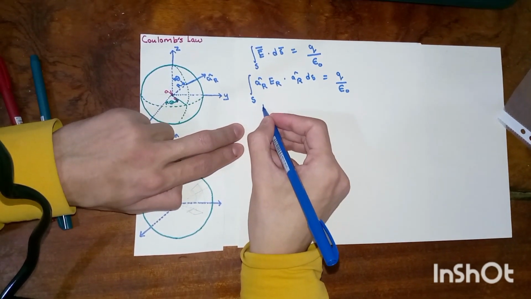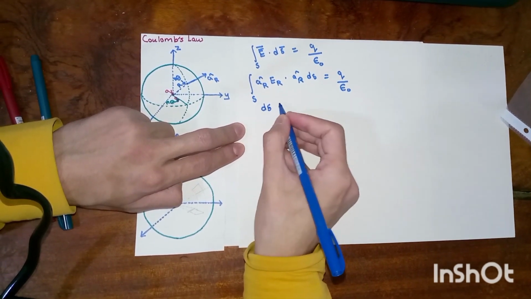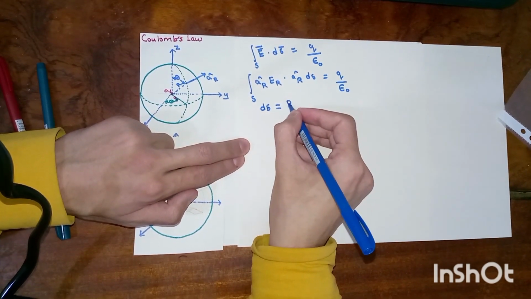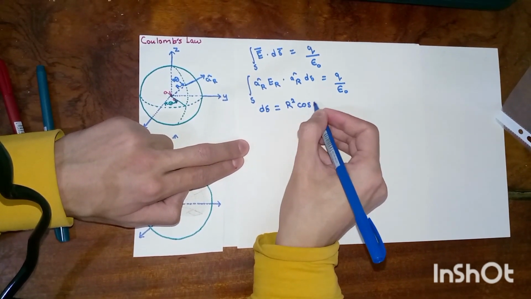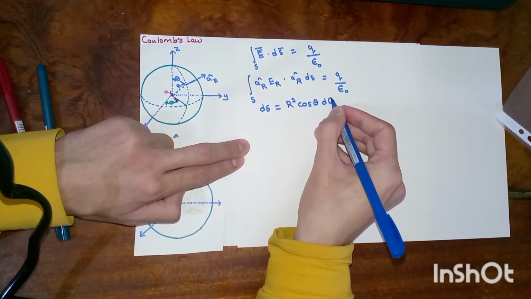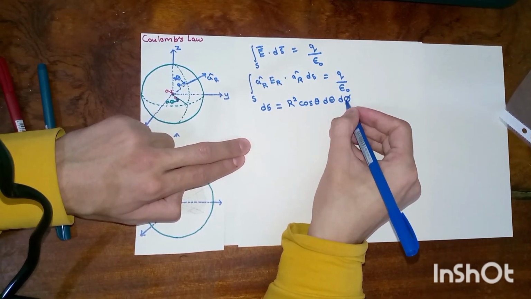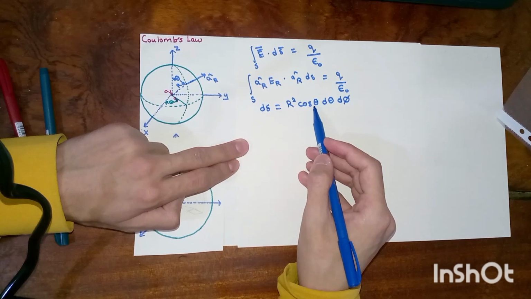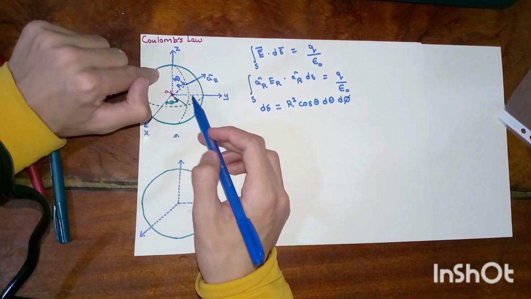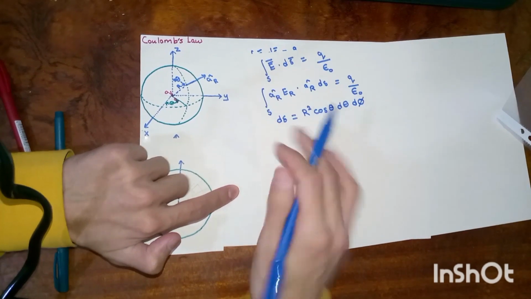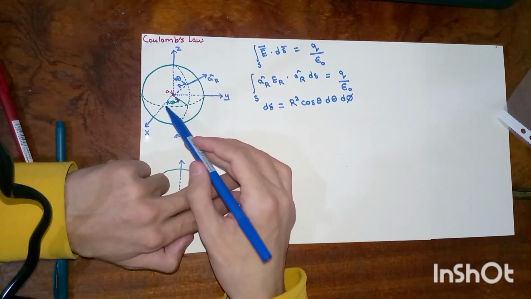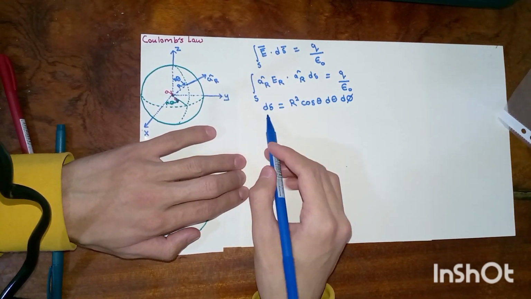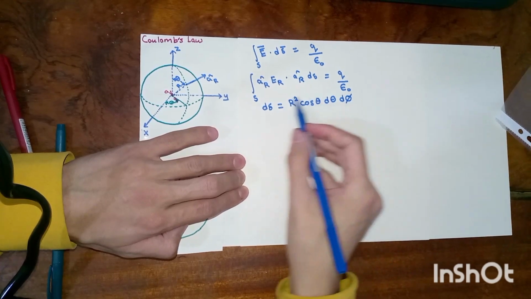What does ds equal? ds, which is a small area of the surface of the sphere, equals r squared times cosine theta d theta d phi, where r is the radius of the sphere and theta is the polar angle, this angle which is ranging between 0 and pi, and phi is the azimuthal angle, which is this angle which is ranging between 0 and 2 pi. And later in another video we are going to prove this equation.